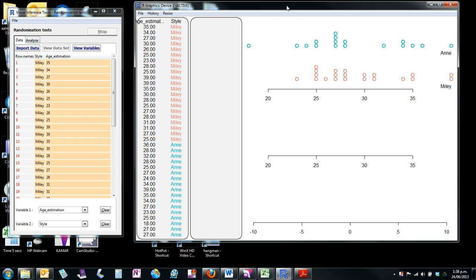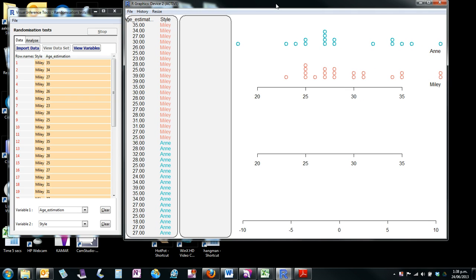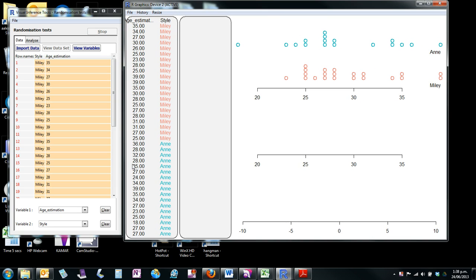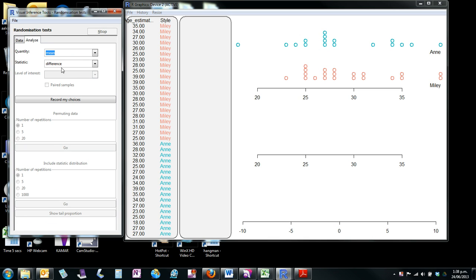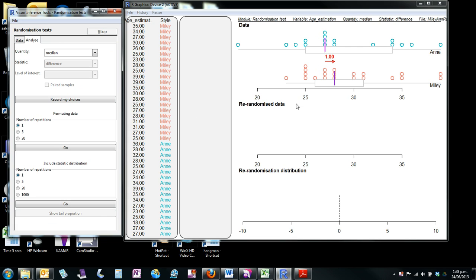Now what randomization does is it looks at, over here, we're going to use median today. It looks at the difference between the two groups, whether the actual age difference is only a year.